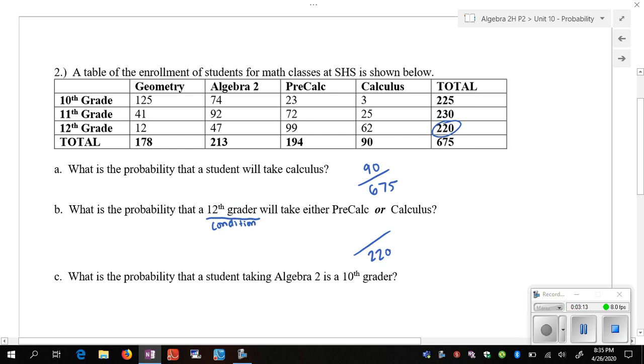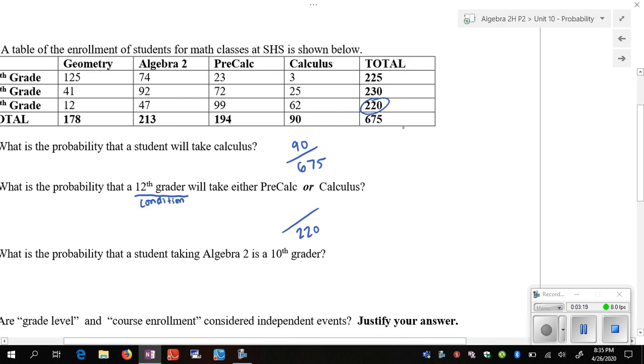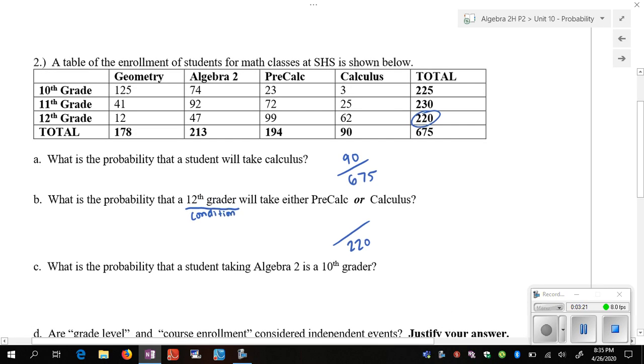Our numerator is now the overlapping region that covers the 12th graders and the other two. In this case, there's two because it's an or statement, so pre-calc or calc. So I'm adding these two together, and that will be 161 out of 220.